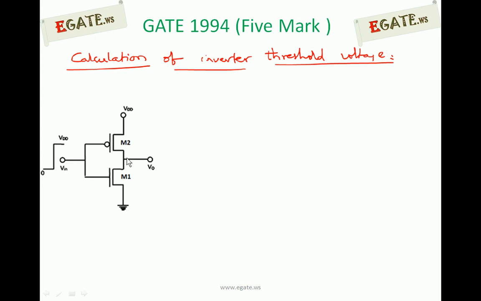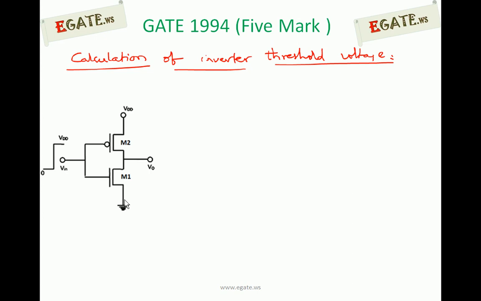Always remember that drain current is the same as source current, and the source of M2 is nothing but the drain of M1. So the same current which flows in the source of M2 also flows through the drain of M1, and also through the source of M1. So the same current flows through PMOS as well as NMOS.